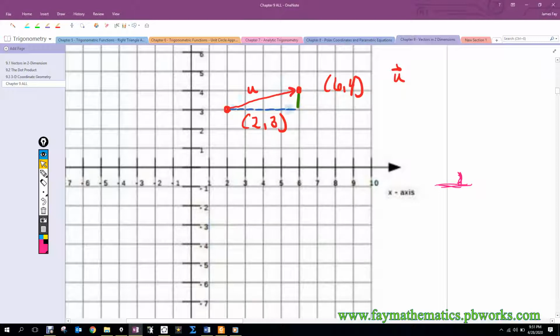Every vector, unless it's horizontal or vertical, is going to be the hypotenuse of a right triangle. So when we ask for a position vector, basically what we're doing is figuring out what is this horizontal distance? Well, that horizontal distance is taking the 6 minus the 2. So I subtract my x's. The vertical distance is taking the 4, subtracting the 3, and that gives me my vertical distance.